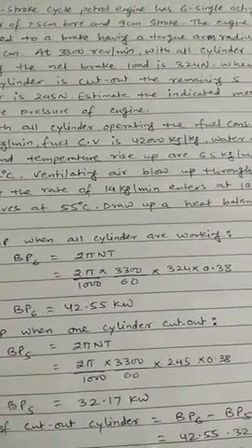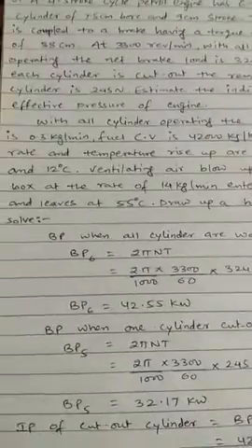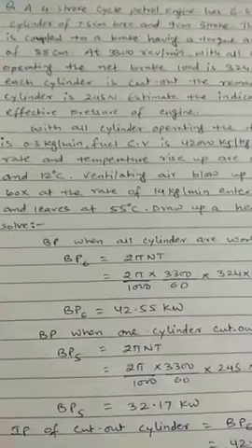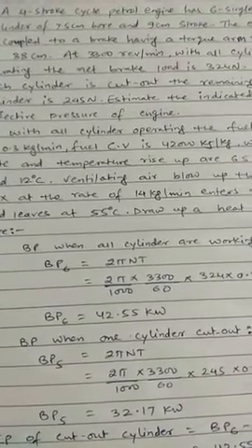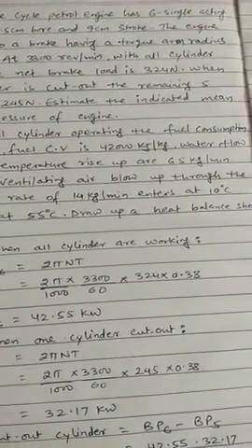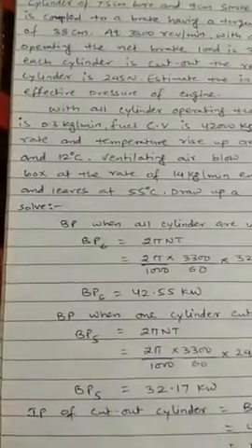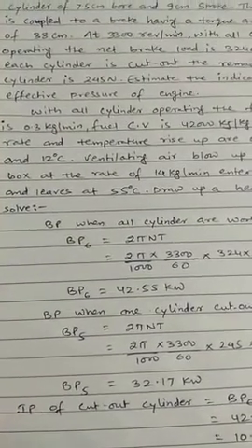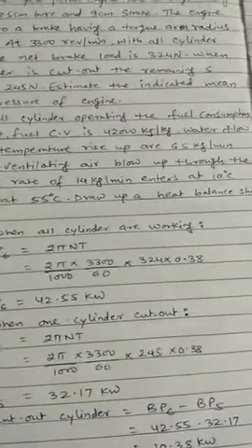Ventilating air blown through the box at the rate of 14 kg per minute enters at 10 degrees Celsius and leaves at 55 degrees Celsius. Draw up a heat balance sheet.